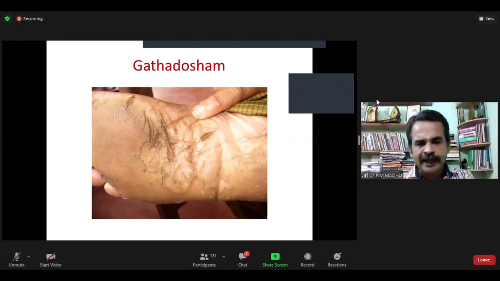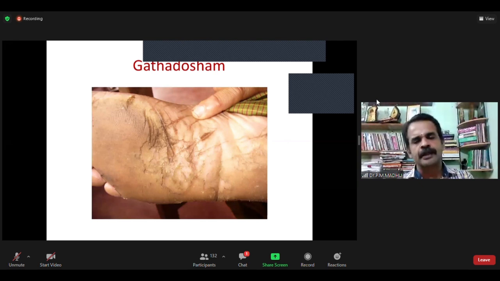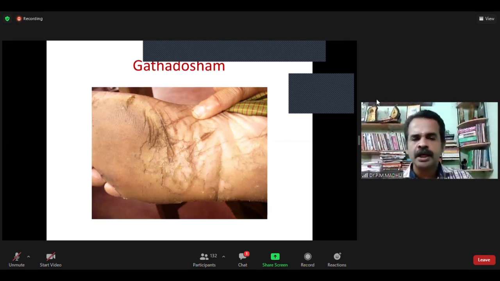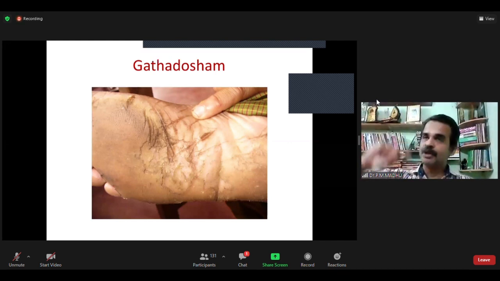There will be cracked foot, cracked skin as a result of the dislodgement of Vata from the koshta and lodgement at the level of the skin. Basically, you see, there happen two pathologies. One pathology, dislodgement of Vata from the koshta, and second pathology, lodgement of the dislodged Vata at the level of tok.